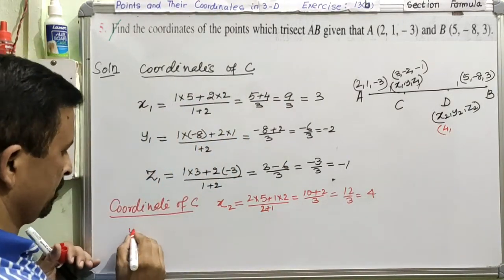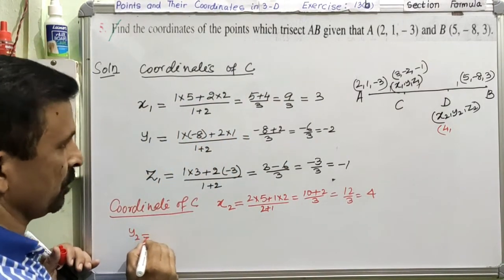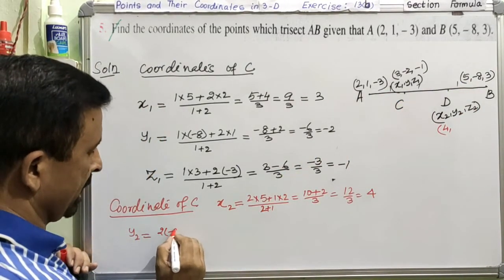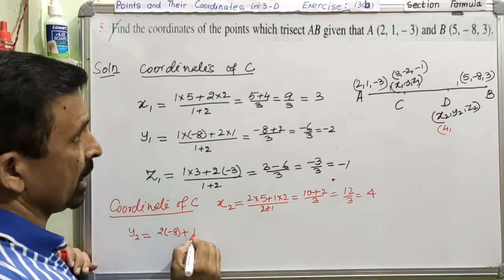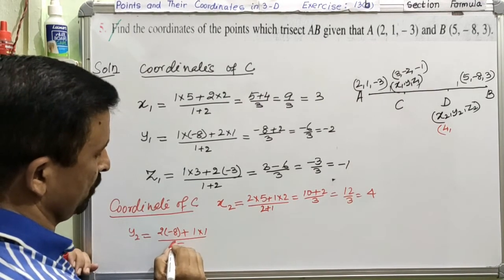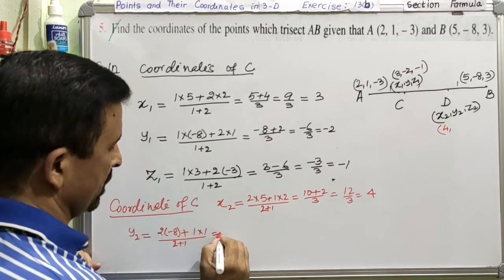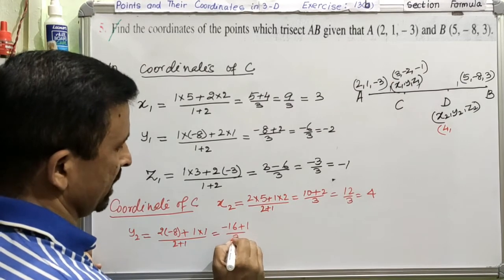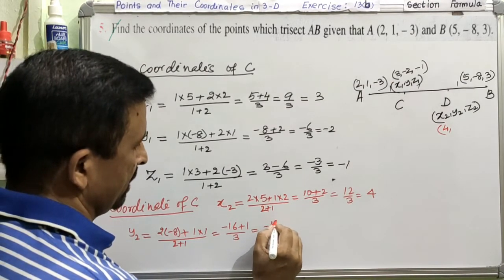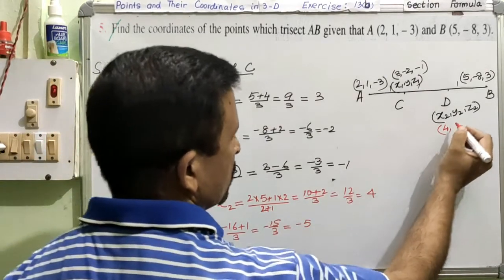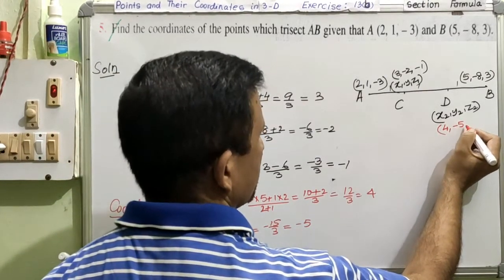Now y2. 2 into minus 8 plus 1 into 1, divided by 2 plus 1, is equal to minus 16 plus 1 divided by 3. This is minus 15 divided by 3, which is equal to minus 5. So y2 is minus 5.